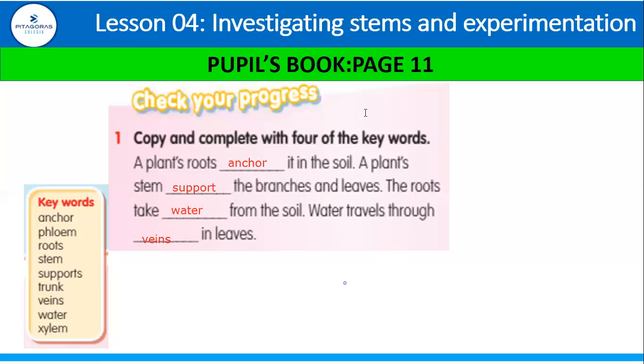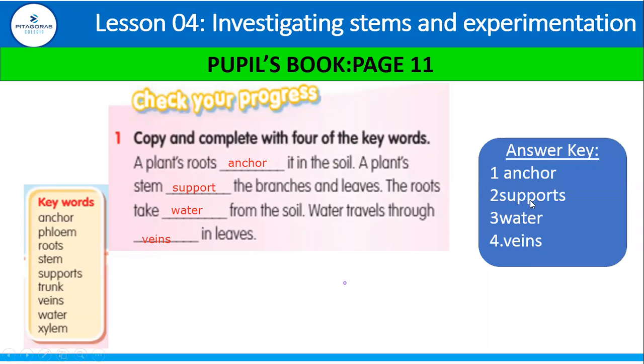So let's see if it's correct. Here I have my answer key. Let's check if it's correct or incorrect. Number one, a plant's roots anchor in the soil. Excellent. A plant's stem supports the branches and leaves.